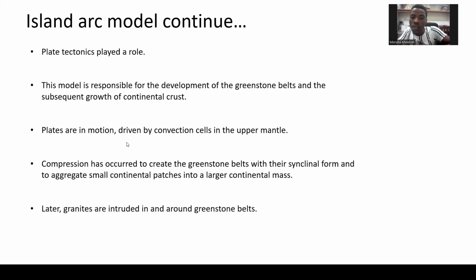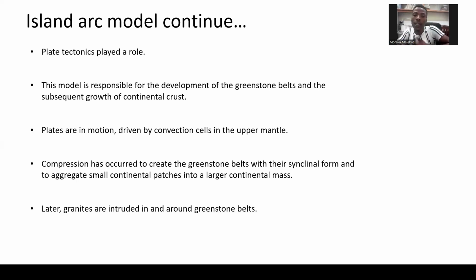Plates are in motion driven by convection cells. We know that convection cells will be moving this way, making sure that the plates are in motion.